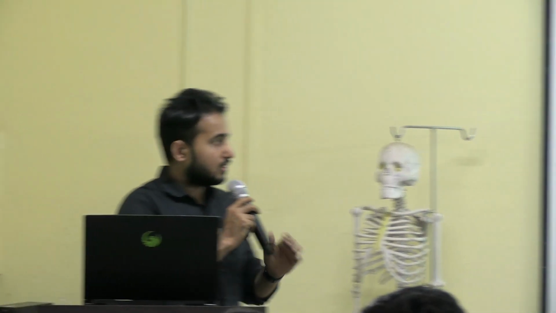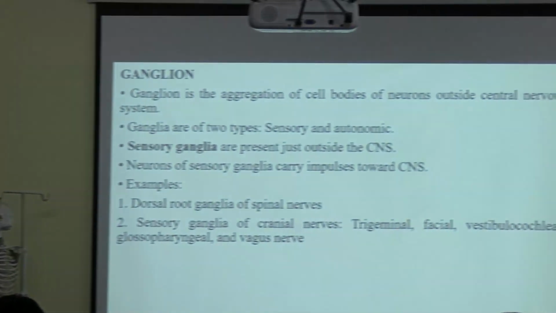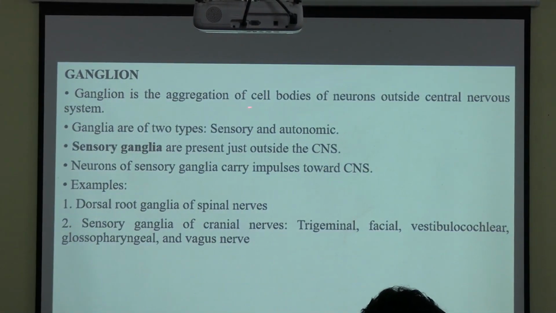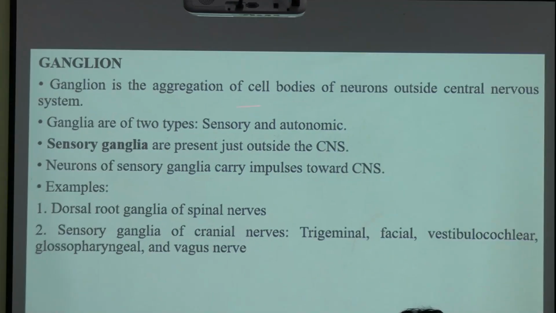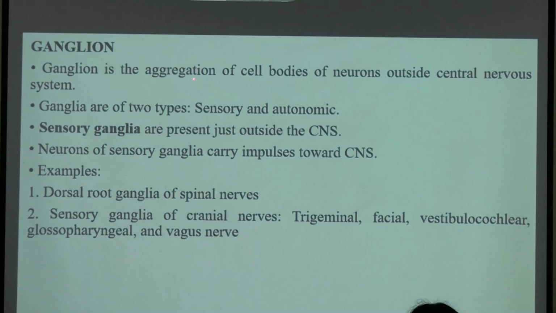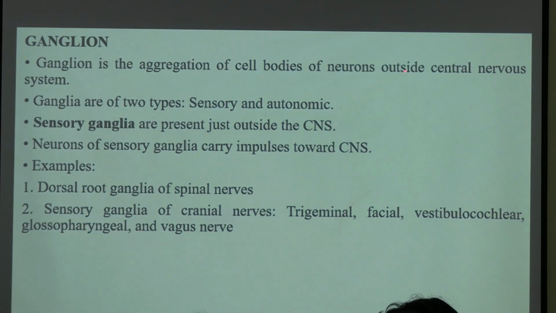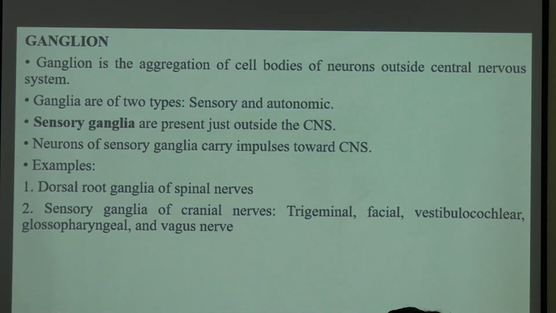Now, please do one thing. If you have written this line, ganglion is the aggregation of cell bodies outside the central nervous system. Okay. Now, repeat the same thing and write. If it is inside the central nervous system, then it is called as nuclei.